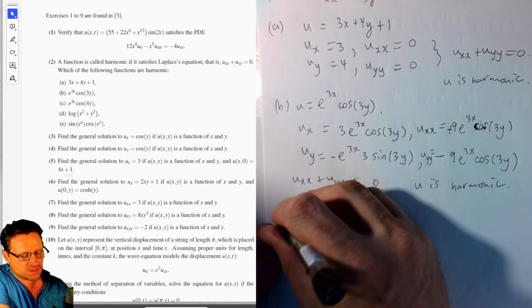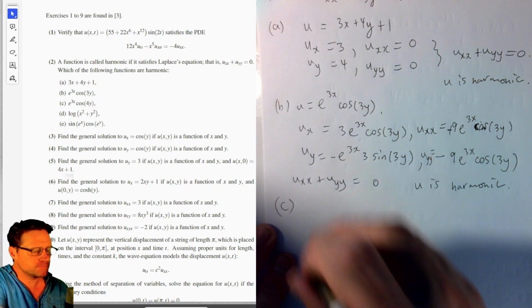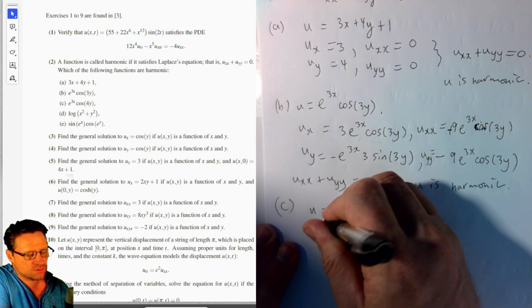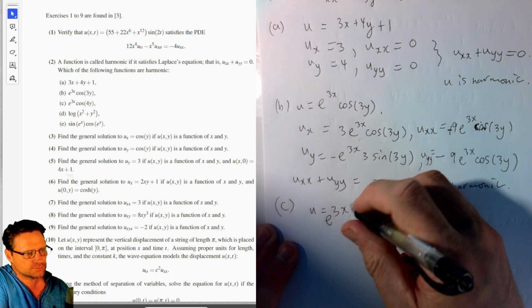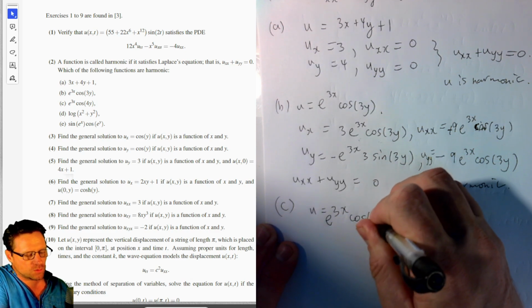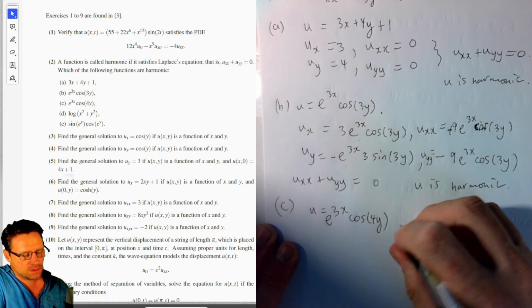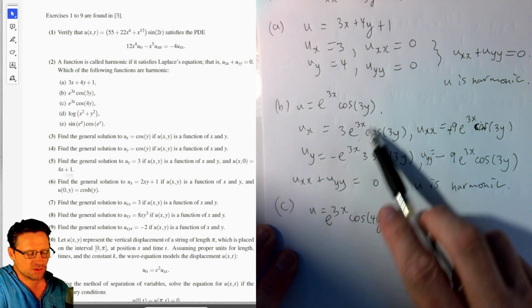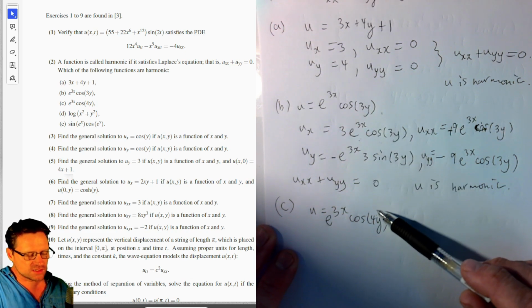Okay, question C. We have u is equal to e to the 3x cos of 4y. Now, it's not going to work out this way this time because these are almost identical functions. The difference is this number.